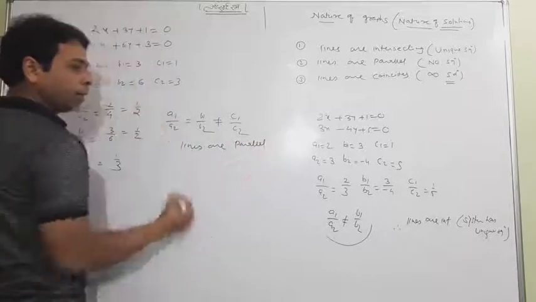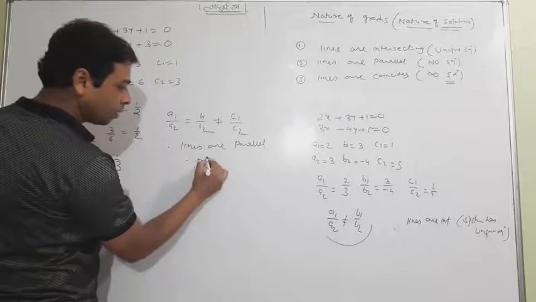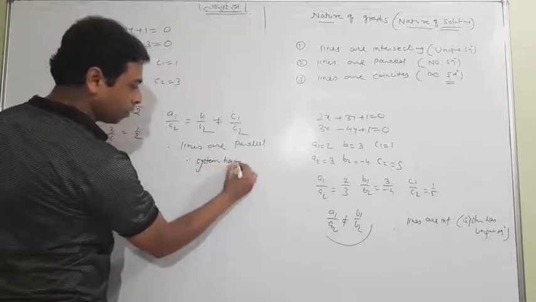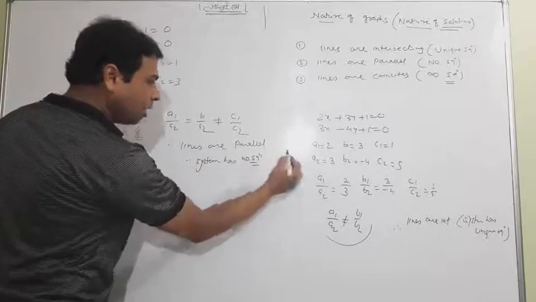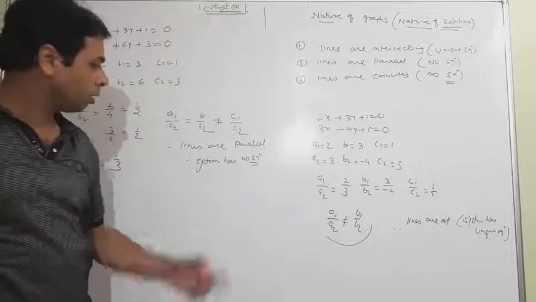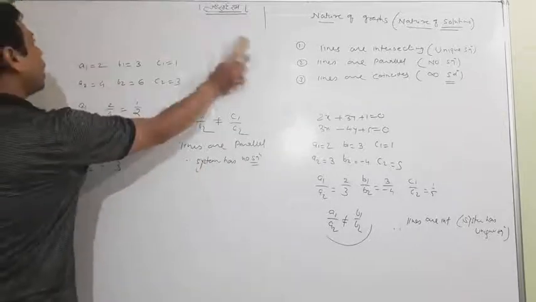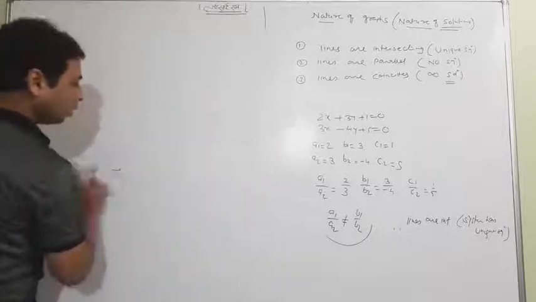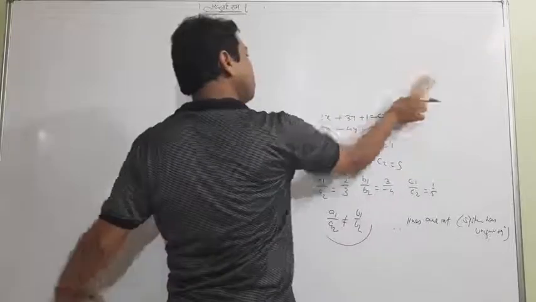In the last board I taught this, and it means the system has no solution. And it is definitely so, because lines are parallel, so they will not meet at any point, meaning no solution. So hope students you got how you can identify the nature of the solution by just doing the simple checking portion.